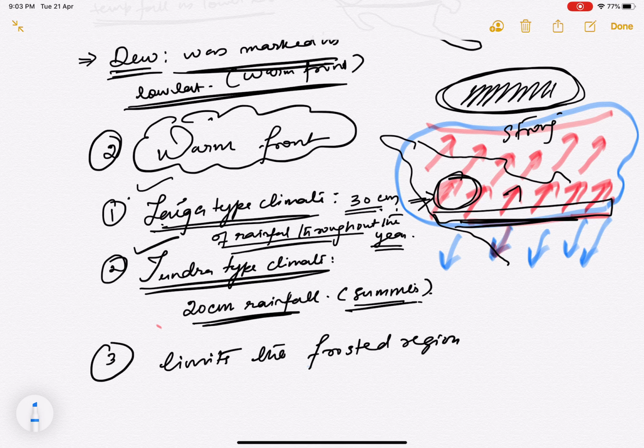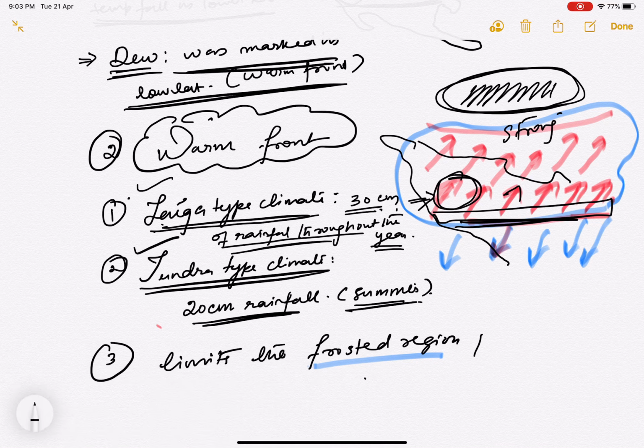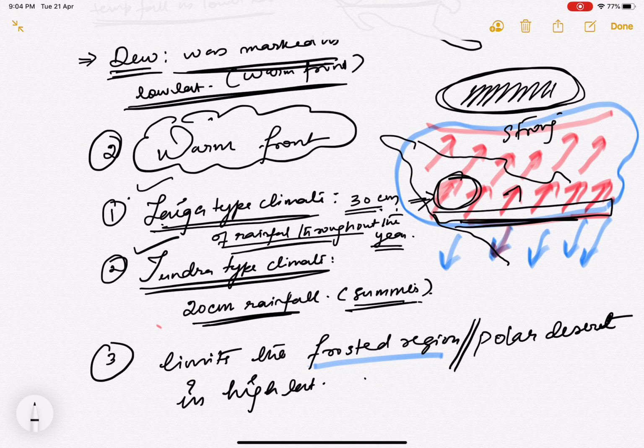Hence, it limits the frosted region, or it limits your what? This frosted region is nothing but your polar desert in higher latitude. I hope you understood this, because it does not allow the excessive polar winds or the excessive polar climatic winds to reach the lower latitude.